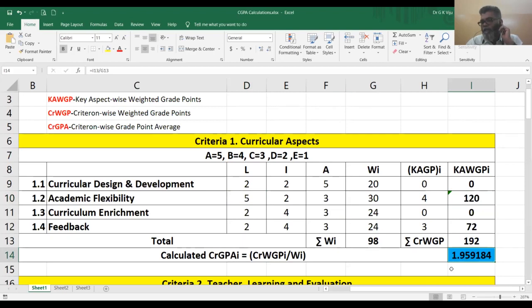You got it? Yes. Like here it is 2, I am going to make it 5. Automatically the value is changed. Got it? That means I am making the experiment.